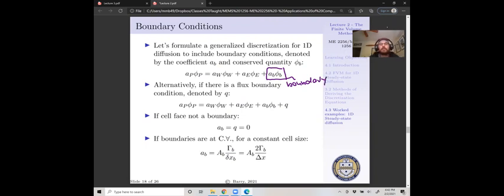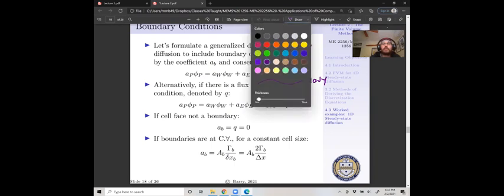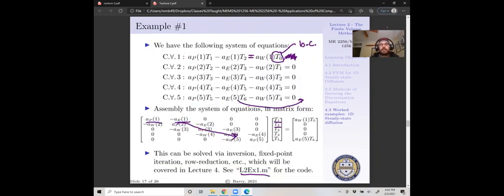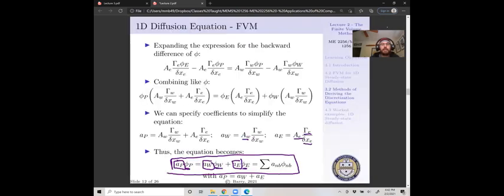Now this is really useful because if we look at this equation right here, this is the same one that we came up with for our 1D diffusion problem. Just to jog your memory, that looks so simple.